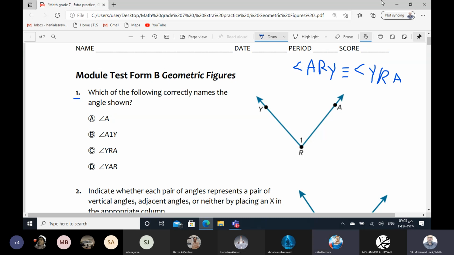And we can write the name of this angle 1, angle 1, and we can use the vertex angle R. So we have three methods to write the angle. So here we can use the number C.